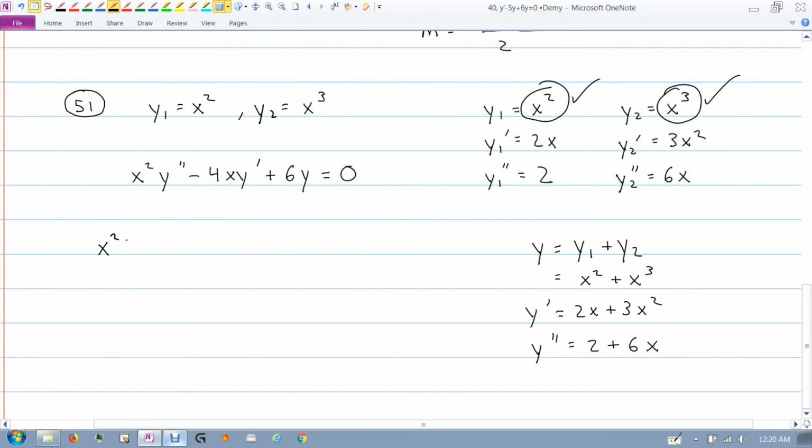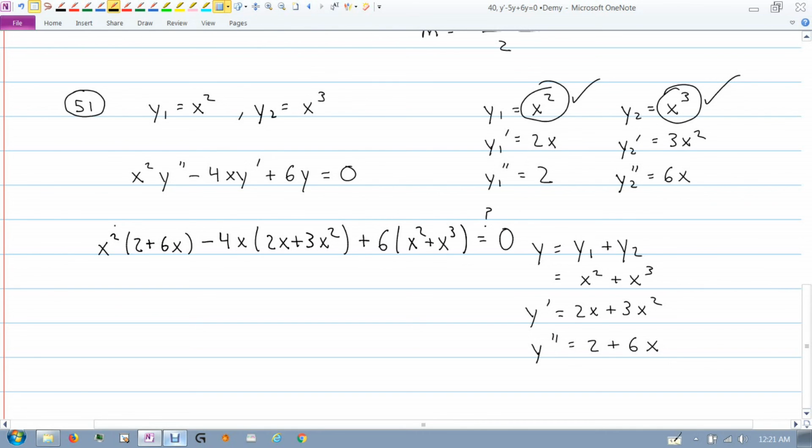x squared times y double prime, 2 plus 6x, and minus 4x times y prime, which is 2x plus 3x squared, and plus 6 times y, which was x squared plus x cubed. Does that equal 0?